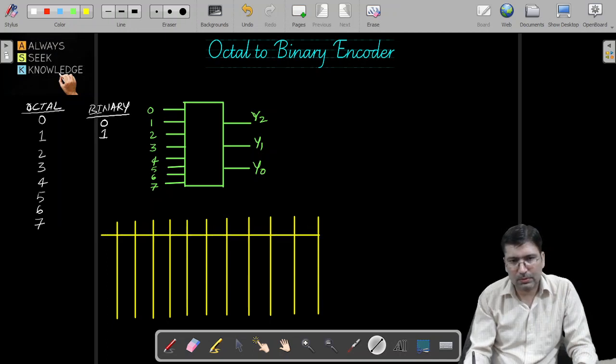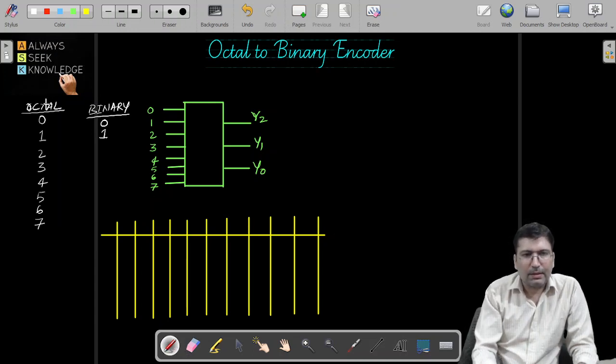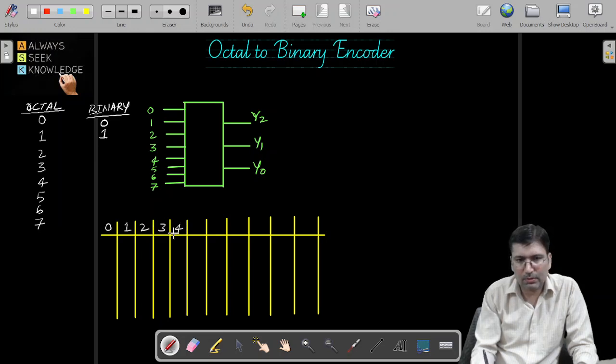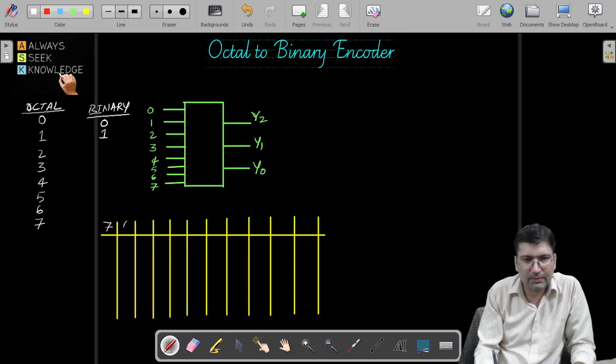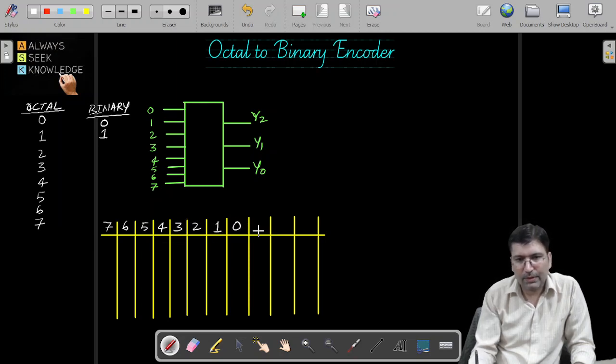Here I'm writing I0, I1, I2, or you can write 0, 1, 2, 3, 4. You can write it otherwise also, it's not a problem. If you want to represent it otherwise, first we write 7, then 6, 5, 4, 3, 2, 1, and 0. And there are 3 outputs, so let's say y2, y1, and y0.